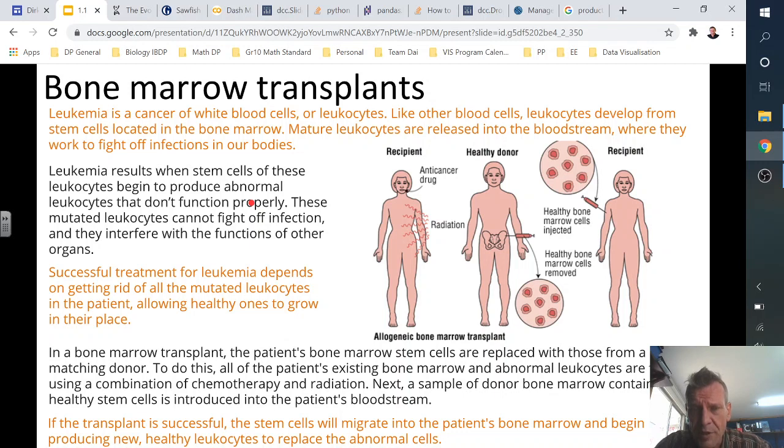Now, what happens then is that a healthy donor with a similar blood type, most likely, will donate bone marrow, and the patient will have its bone marrow removed, and the healthy bone marrow will be injected into the patient's body. If that occurs without any issues, then that healthy bone marrow will start to produce healthy white blood cells for the patient.